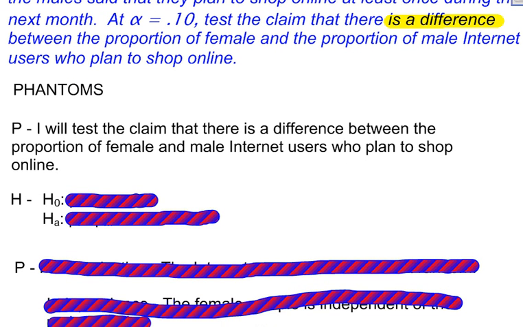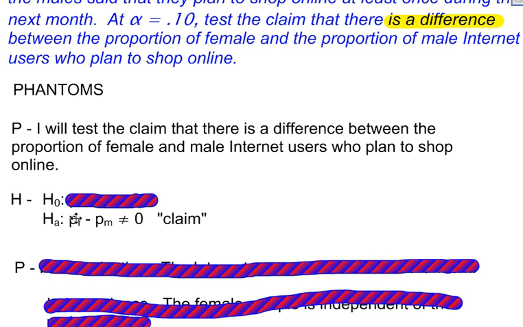With that said, I now need to set up my null and alternative hypothesis. Well, I'm saying basically that the proportion of females is not equal to the proportion for males. That's the claim that I'm looking at when I say that there is a difference. I highlighted that up here. So knowing that, I'm going to set up my alternative hypothesis this way.